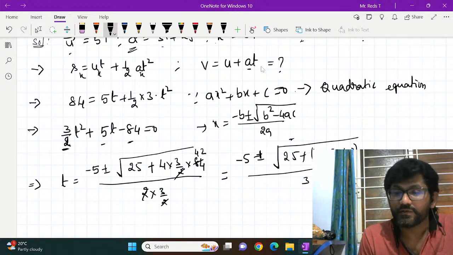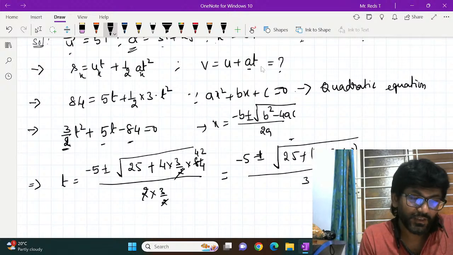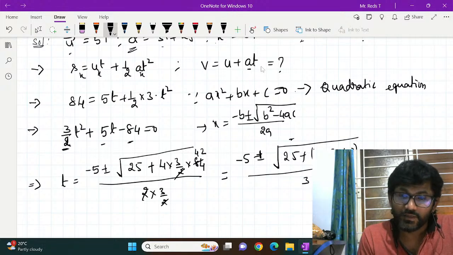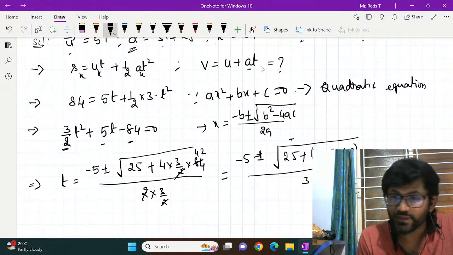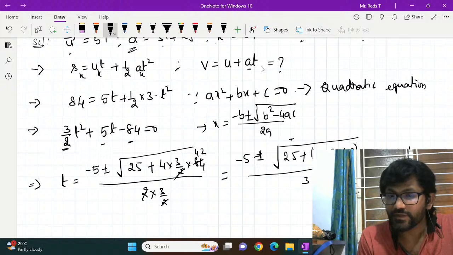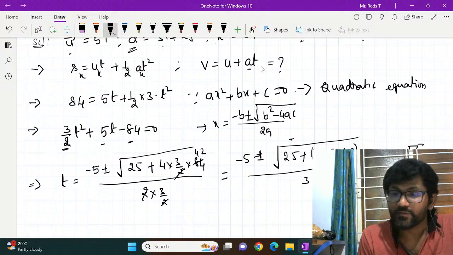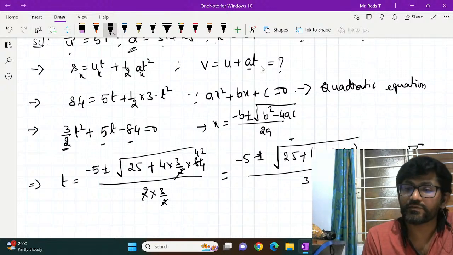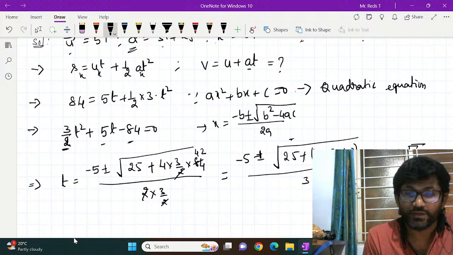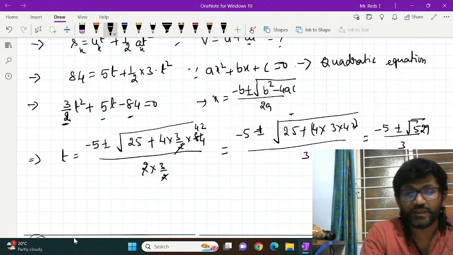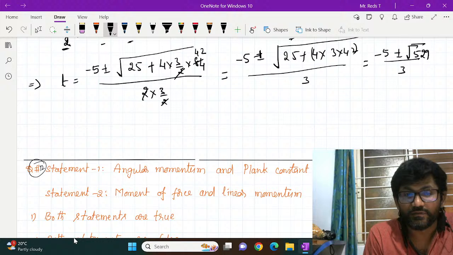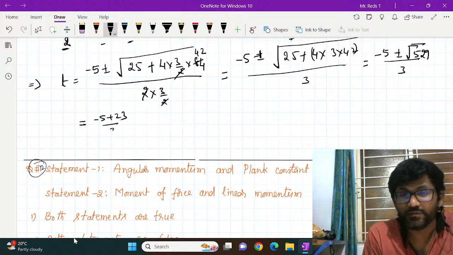If you simplify it, you will get minus 5 plus or minus root 529, divided by 3. But root 529 is nothing but 23. So we get t equal to minus 5 plus 23 divided by 3, which is 18 divided by 3, nothing but 6.